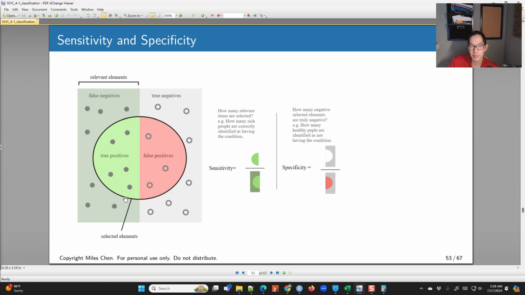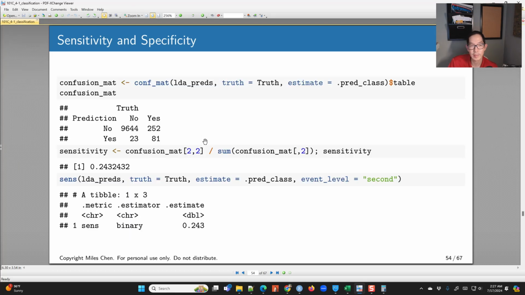Okay, sensitivity is basically your accuracy when it comes to detecting those who truly are going to default, and specificity is how accurate you are when it comes to avoiding false positives.